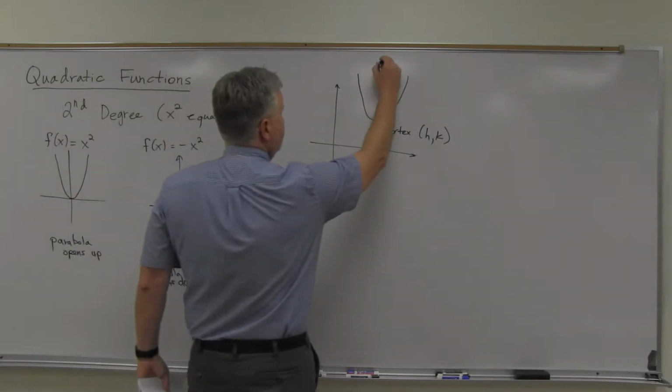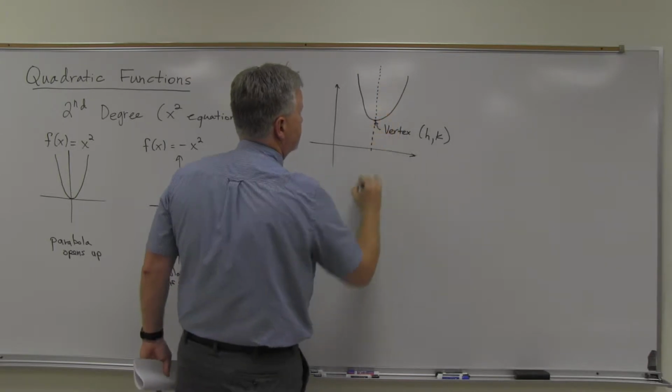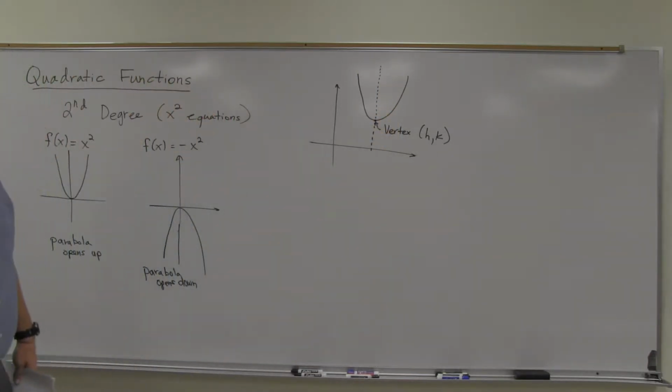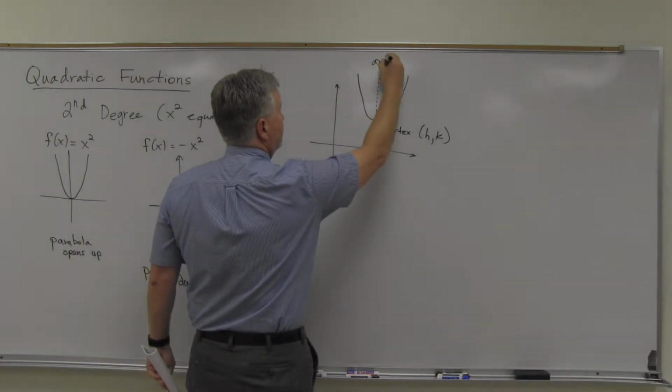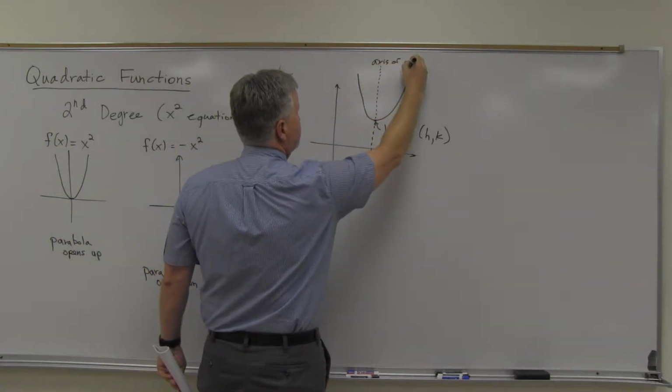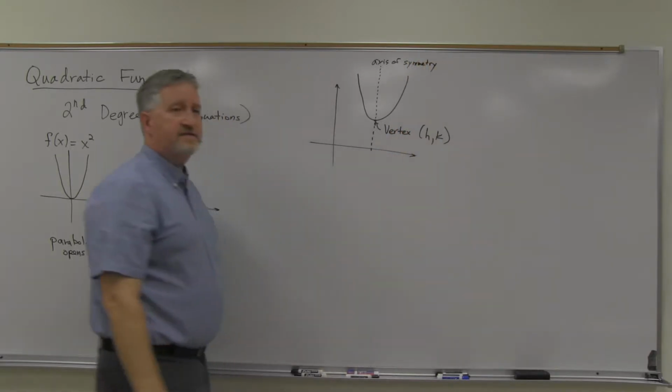If I drew a vertical line right through the middle here, I didn't do a real good job of drawing this parabola, but that line right there represents what's called the axis of symmetry. And what that means is it's the same on one side as the other.